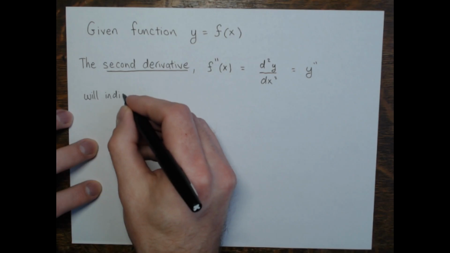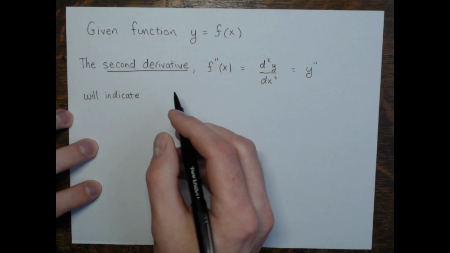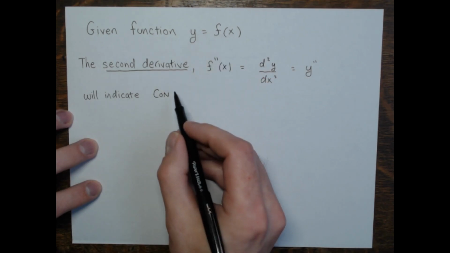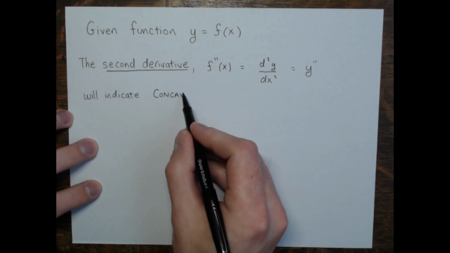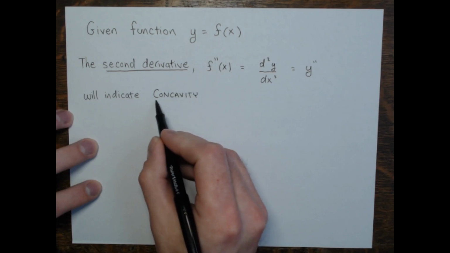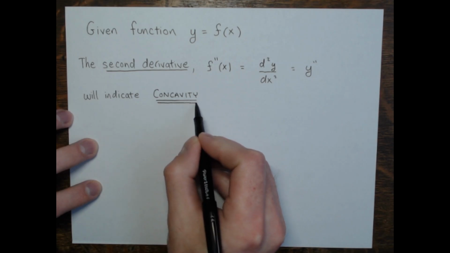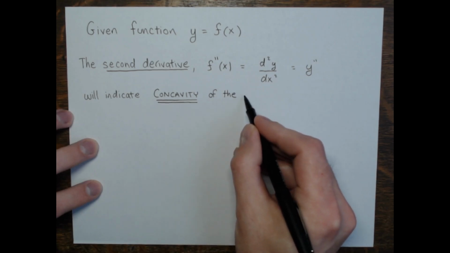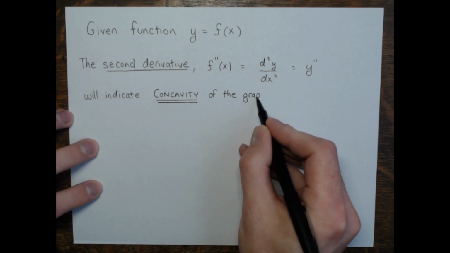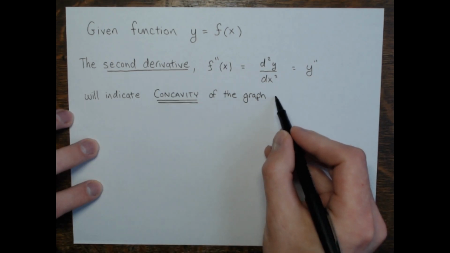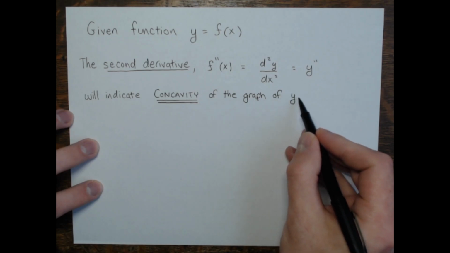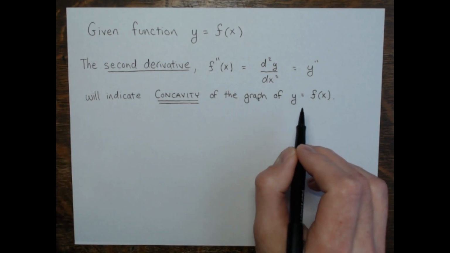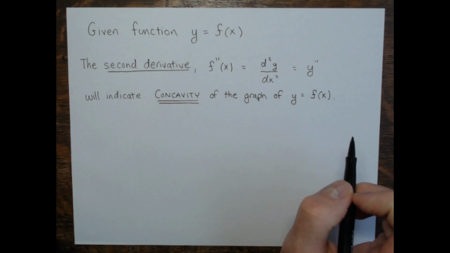The second derivative will help you indicate what's called the concavity of the graph of the original function, so the concavity of the graph of y equals f of x. All the conclusions we make will be about the original f function.